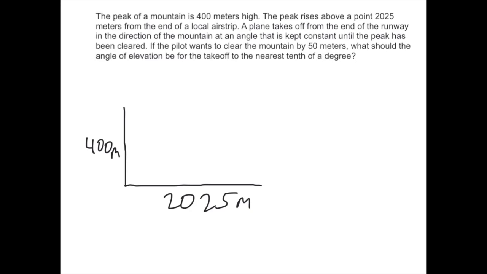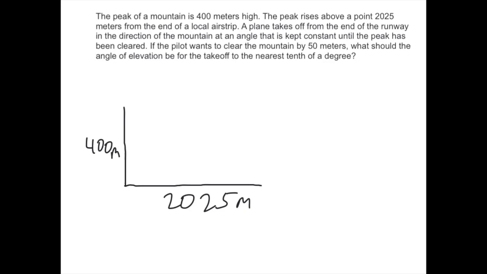A plane takes off from the end of the runway. That would be right about here, in the direction of the mountain at an angle that is kept constant until the peak has been cleared.